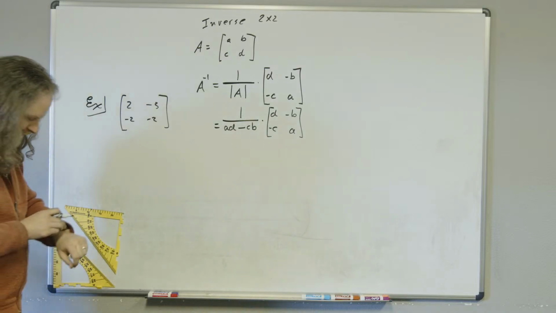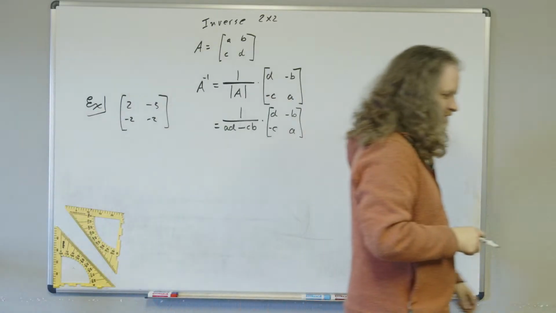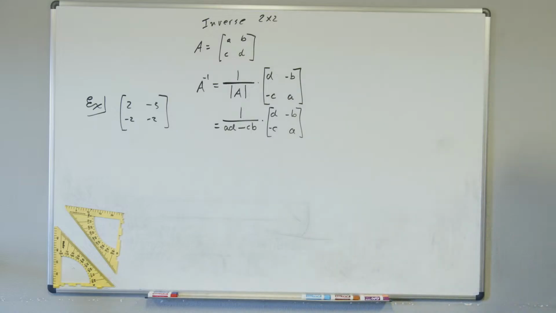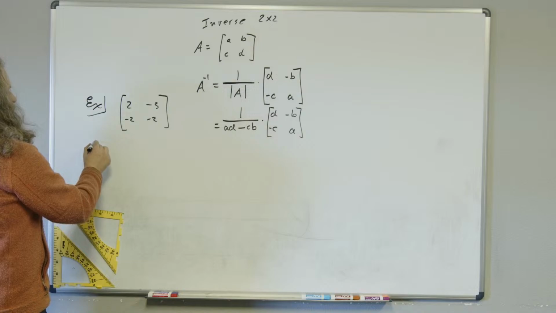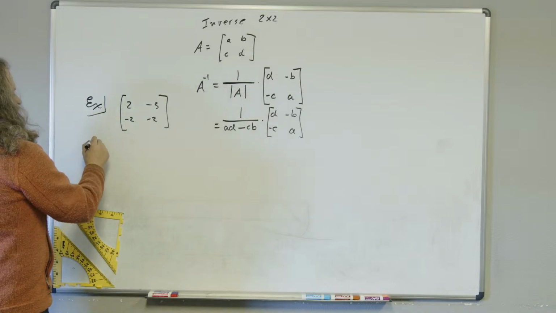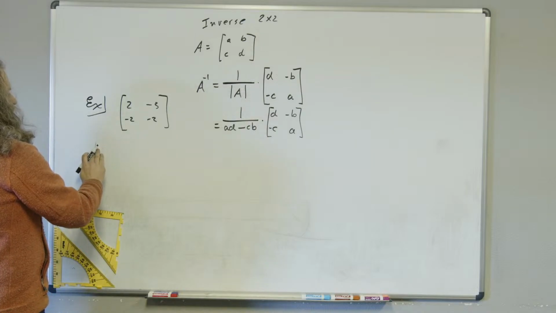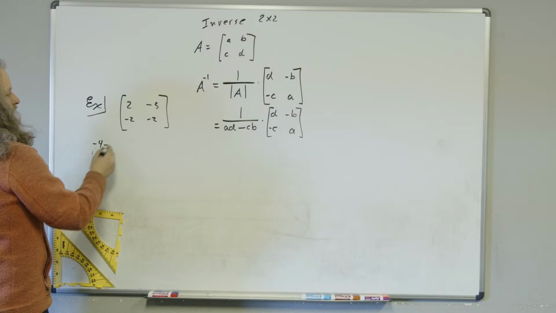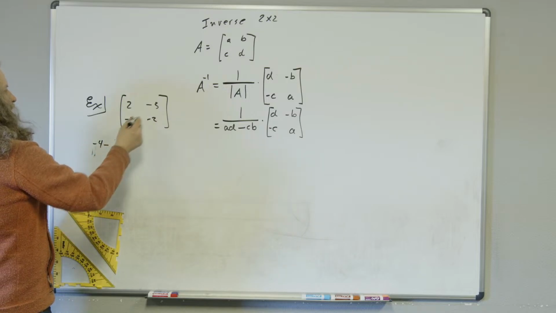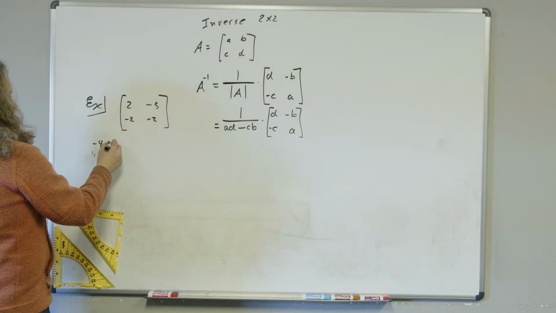The determinant would be negative 2 times negative 2, which is negative 4, minus negative 2 times negative 3, which is positive 6.